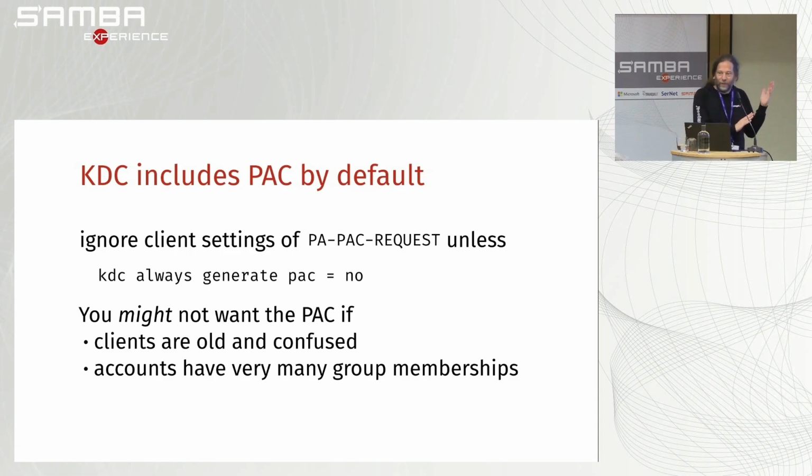Of course, to get the name from the PAC, you need the PAC. The PAC is like a signed, nicely wrapped up blob of whatever garbage people put in the PAC. It's kind of like a key-value store. But this is something that we should probably always set to yes and reject the no settings, because since 2 years ago, the PAC is mandatory because it contains all the checksums.